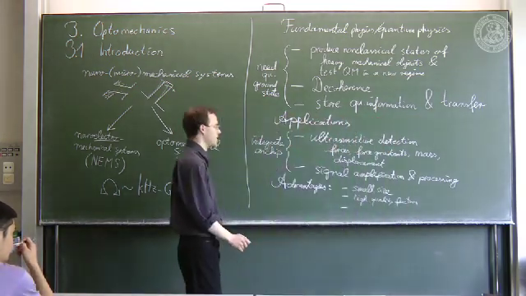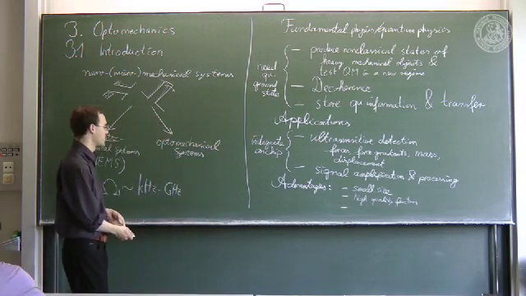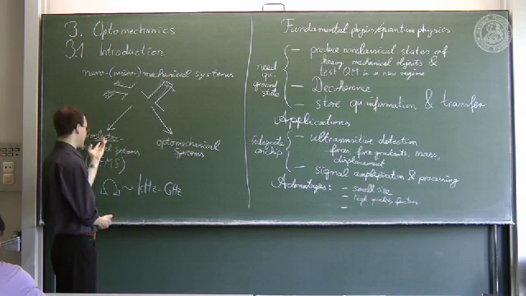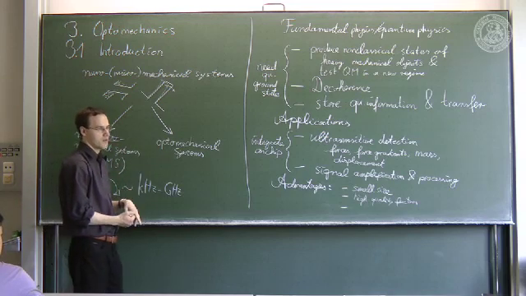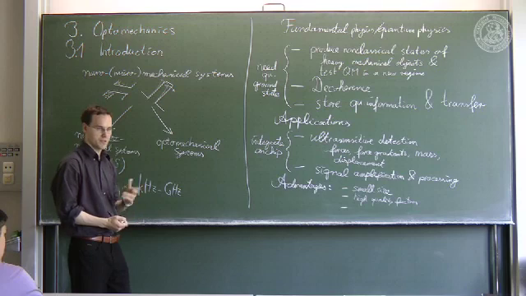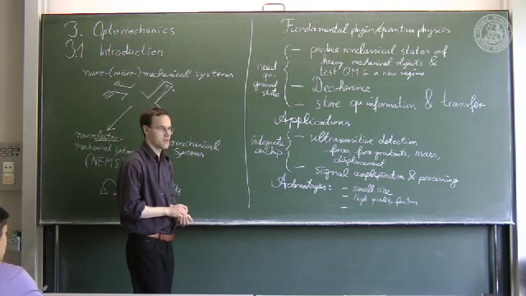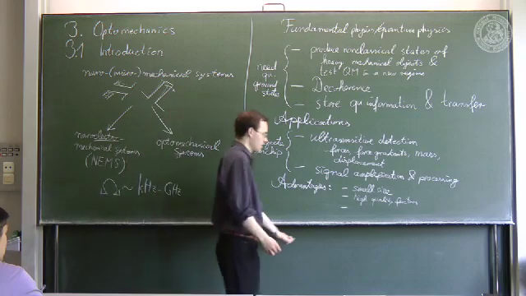And another nice thing is simply that these mechanical systems can be made to couple to almost anything. So they can be made to couple to light, to electrical circuits, in particular also to superconducting circuits and qubits. They can be made to couple to spins and a lot of other things, such as cold atoms.